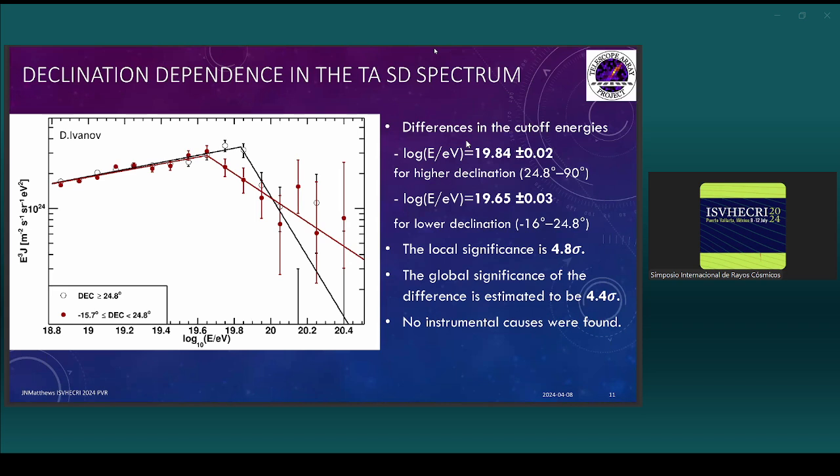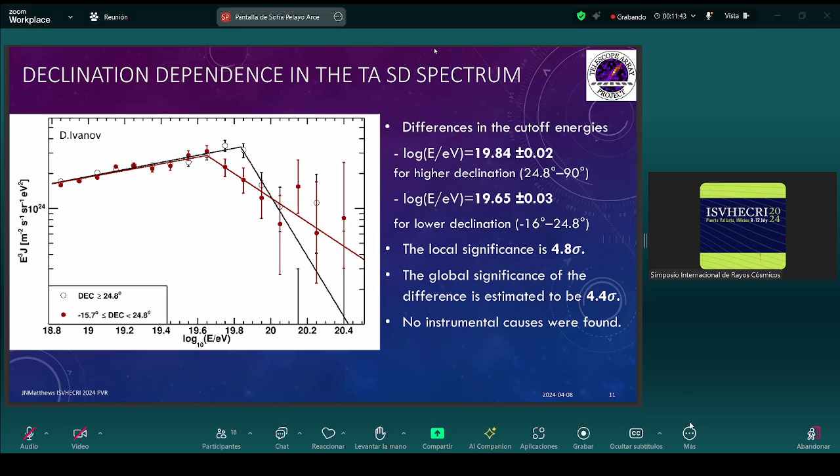And what he finds is that in the band above the common declination band, so the top part of the aperture, the cutoff is higher and the fall off is steeper. In the common declination band, the cutoff looks a lot more like the Auger cutoff, but the slope is significantly different.